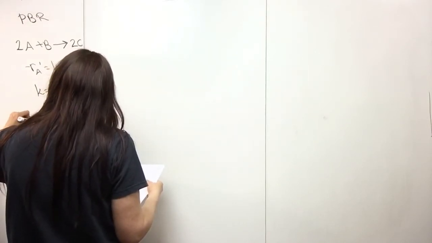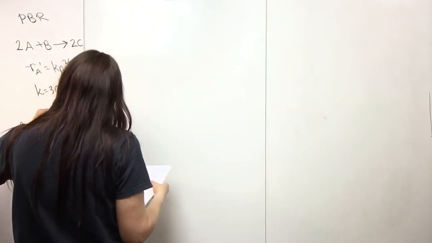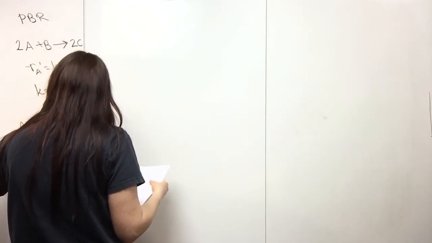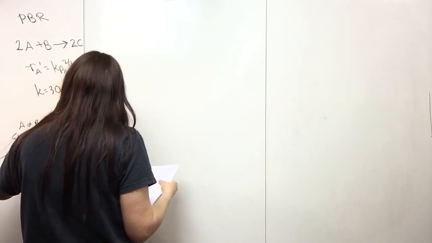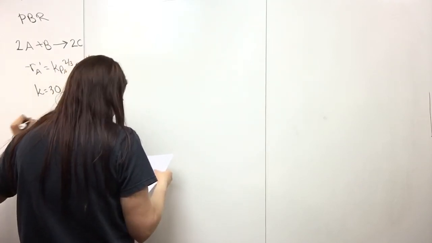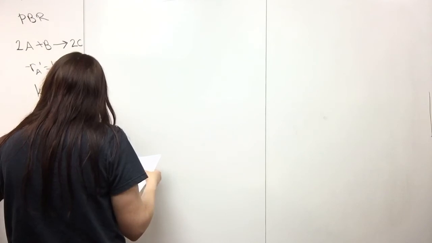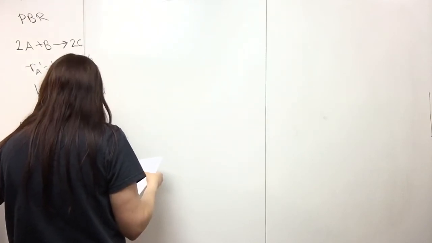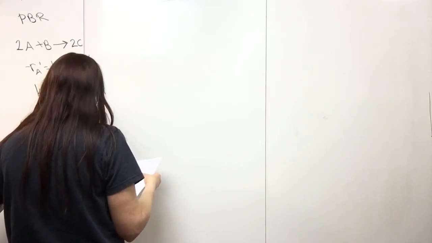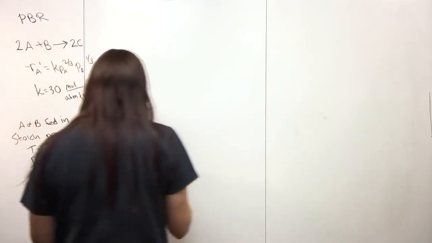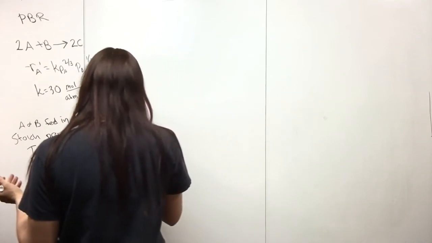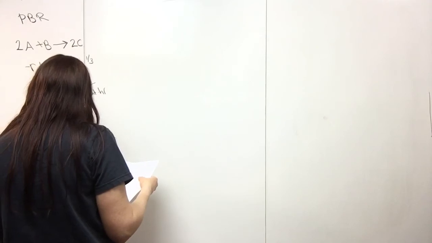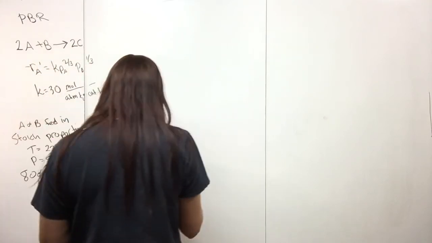A and B are fed in stoichiometric proportions, and that T is equal to 227 degrees C, P is equal to 5 atmospheres, and that the feed mixture contains 80% inerts, so 80% inert.